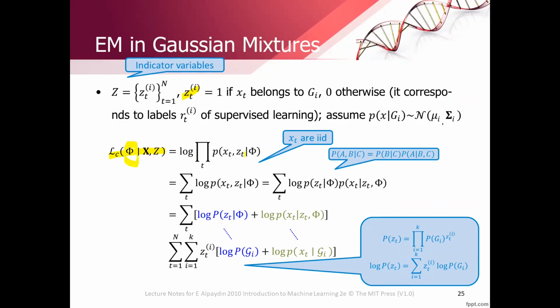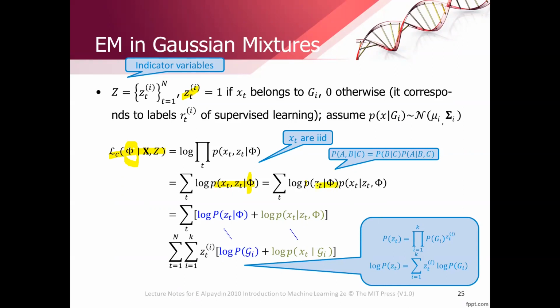So this is logarithm of product. So this is sum of logarithms. For the logarithms, we just use the formula, and now for this probability, assuming the parameters capital Phi, what is the probability that we have observed x_t and simultaneously assigned the observation to clusters according to vector z.